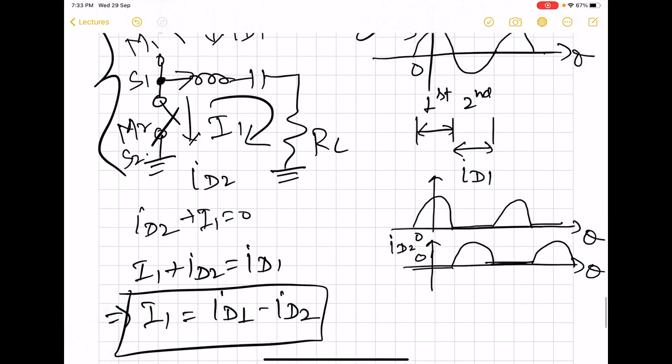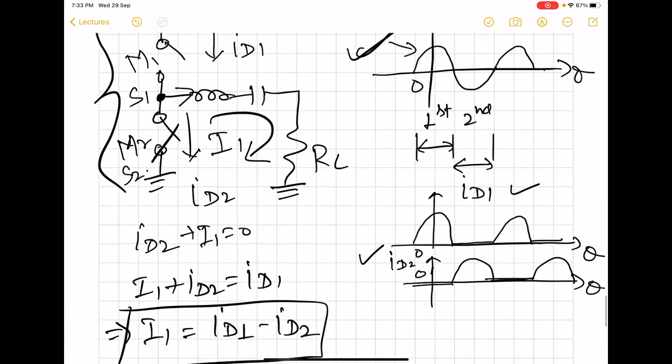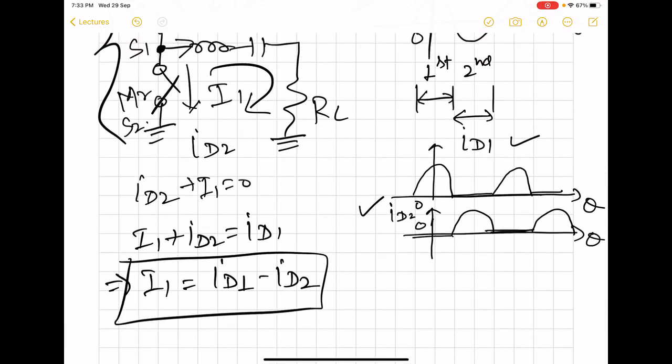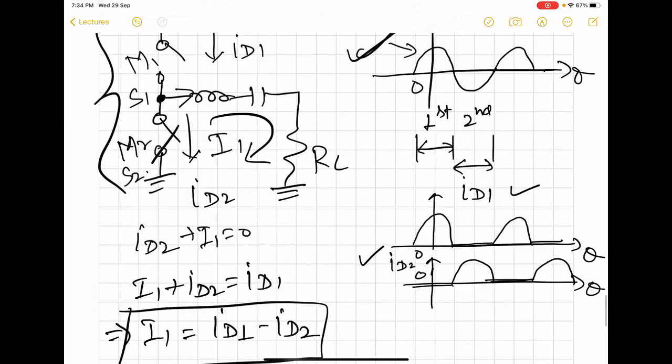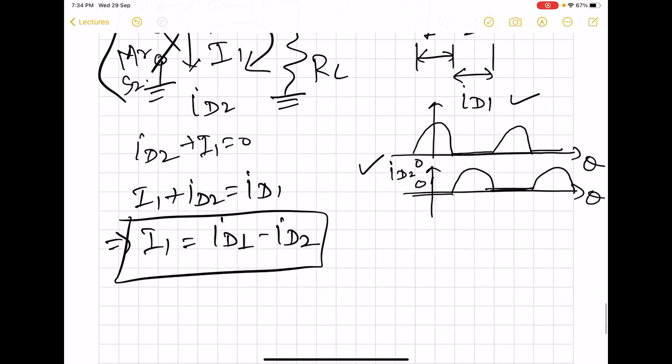So when you subtract ID2 from ID1, what you are going to get is I1, right? From the load network, there is no DC, but if you look at each of these two, ID1 and ID2, each of them is going to have DC.